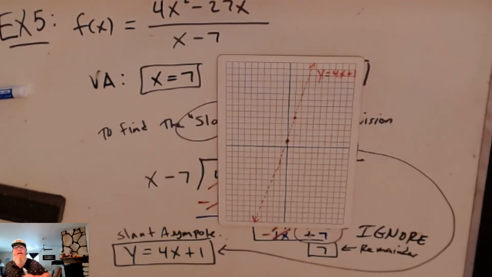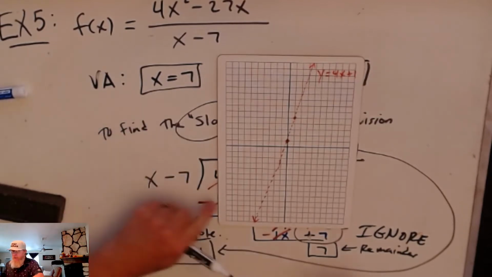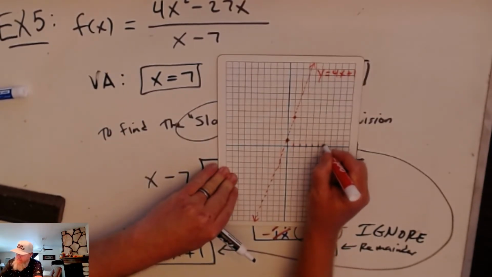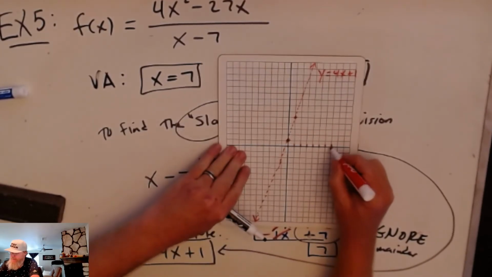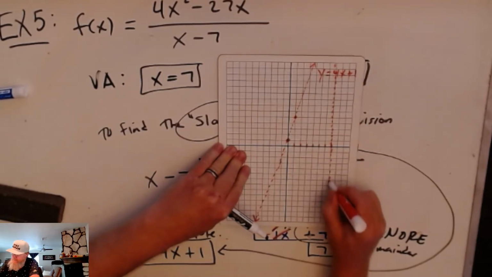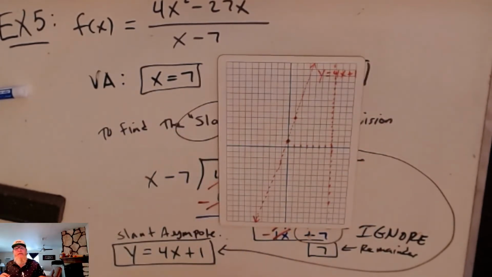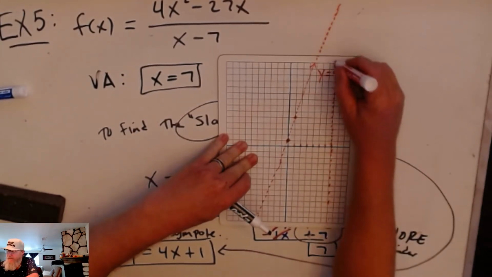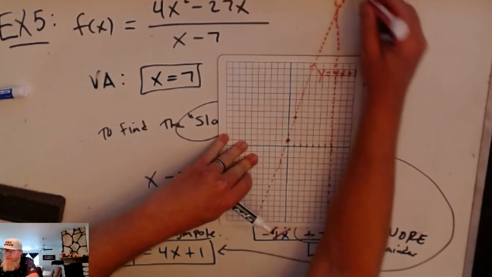That's your slant asymptote. Your vertical asymptote would be at 7. So 1, 2, 3, 4, 5, 6, 7. It's not very easy to see the graph, but it's in there somewhere. Somewhere off my little graphing board, these asymptotes will intersect with each other like this.